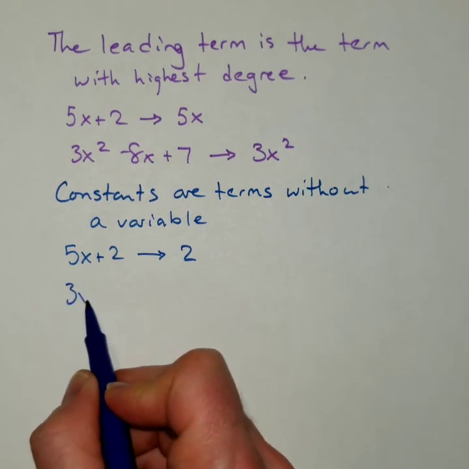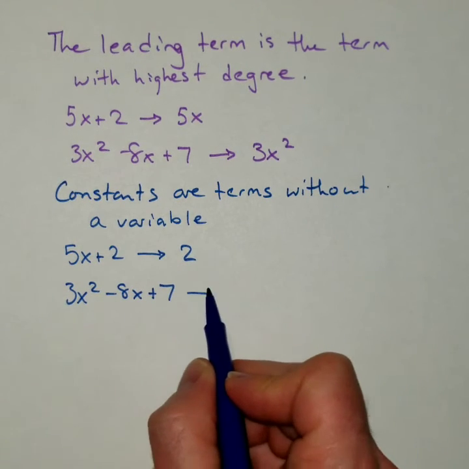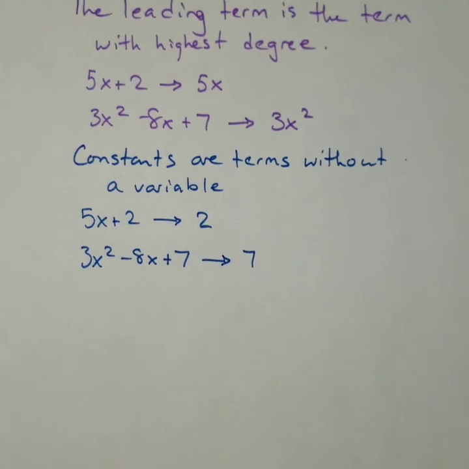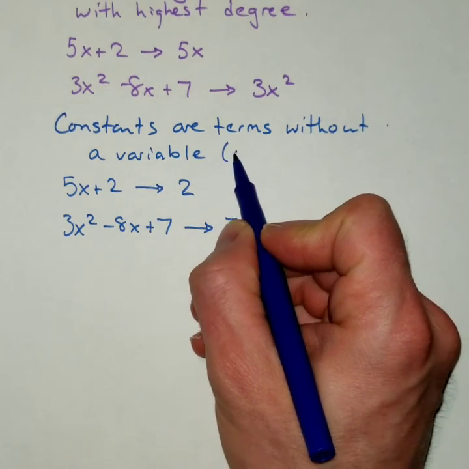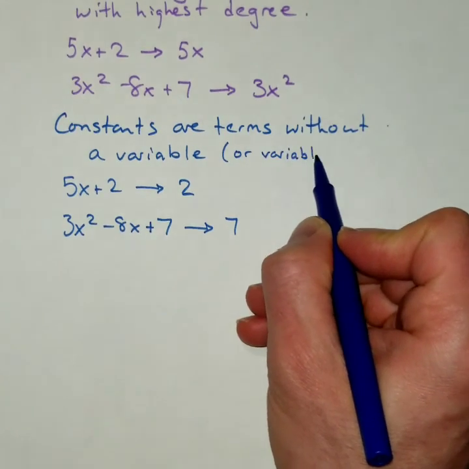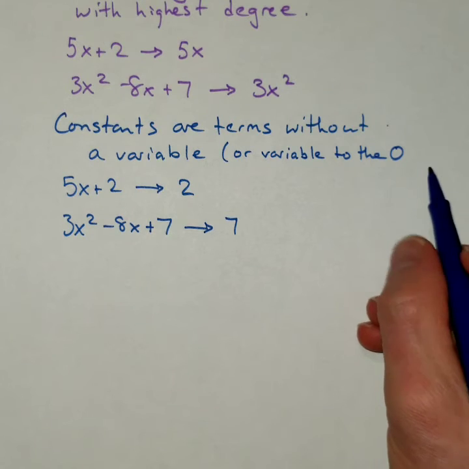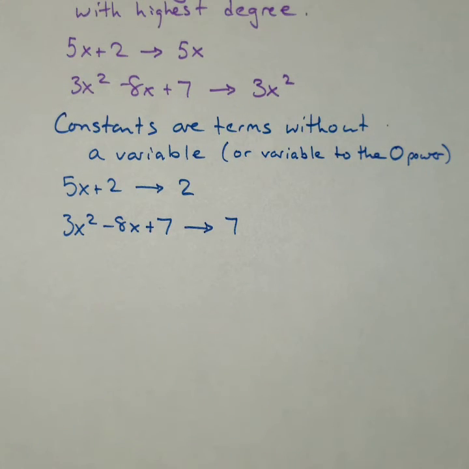And in the case of 3x squared minus 8x plus 7, the constant would be the 7. Okay, constants are the terms without a variable. Or you could think of it as the variable to the 0 power. So kind of mentioned that earlier.